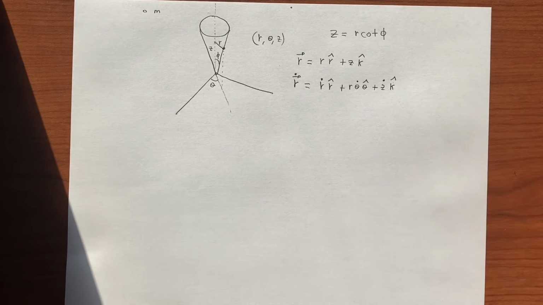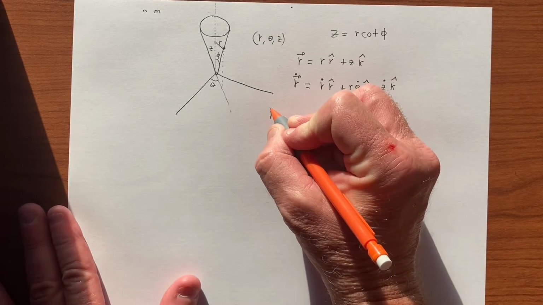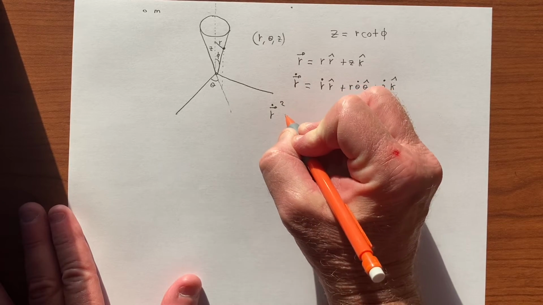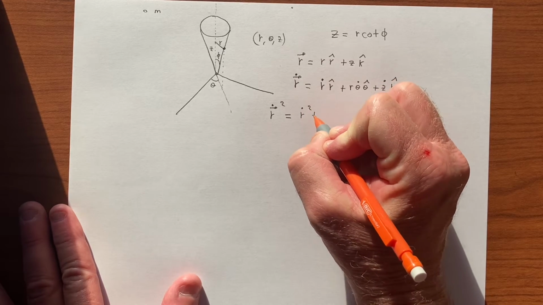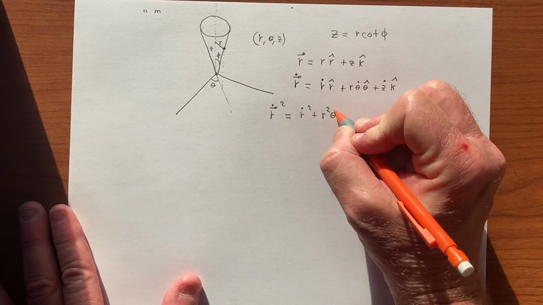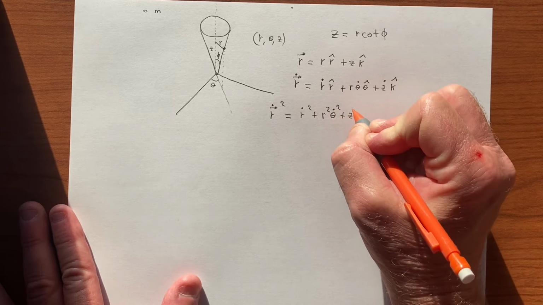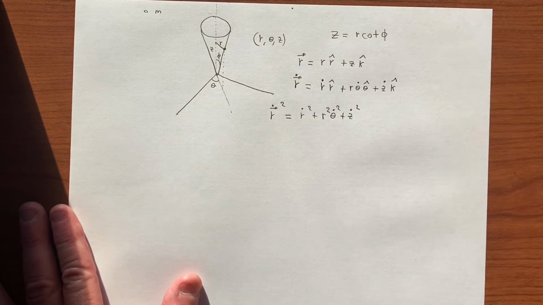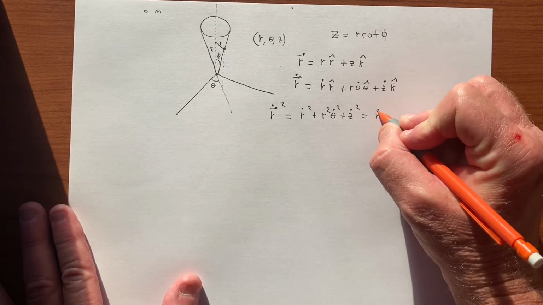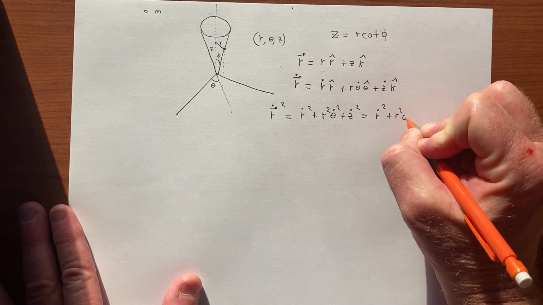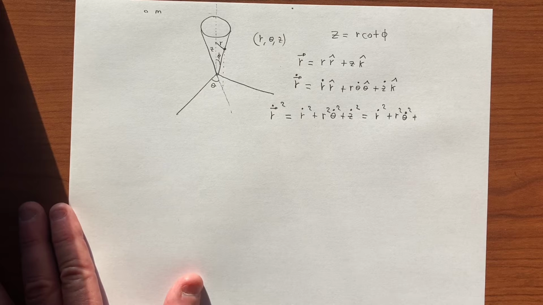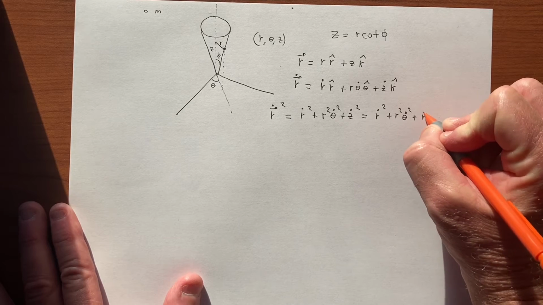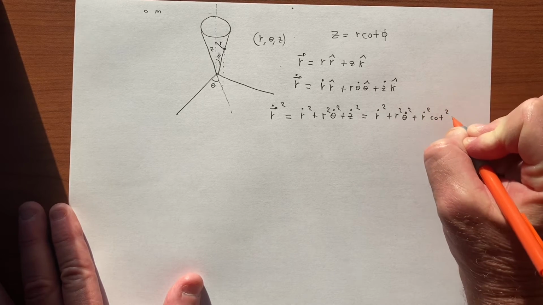And so we can now square this. Of course, we'll get rid of the vector. So this will become r dot squared plus r squared theta dot squared plus z dot squared, which can be written as r dot squared plus r squared theta dot squared plus r dot squared cotangent squared of phi.